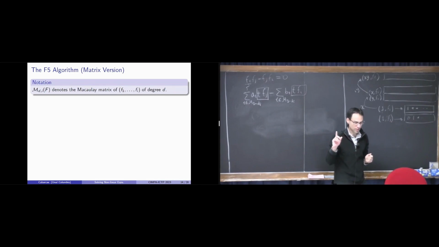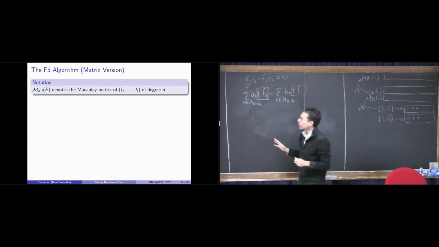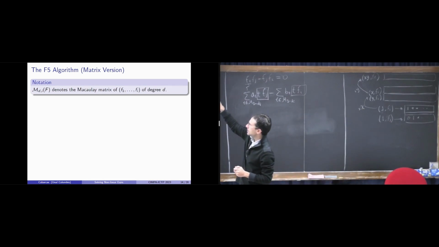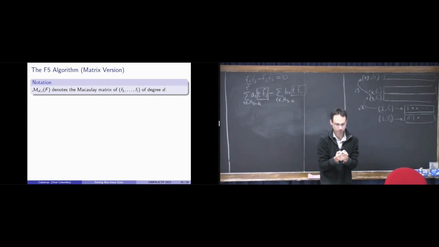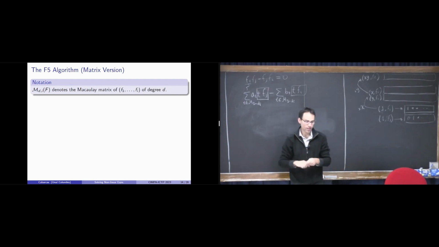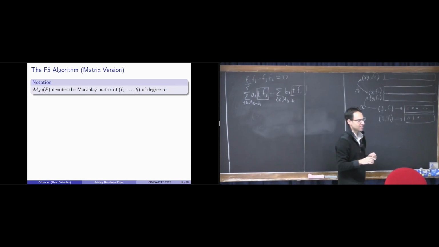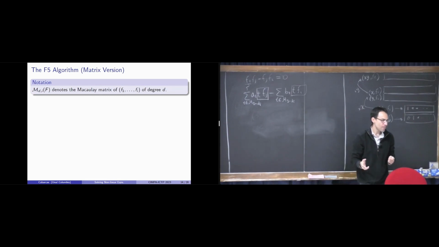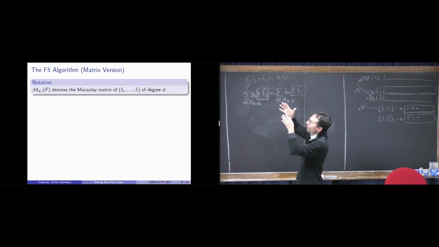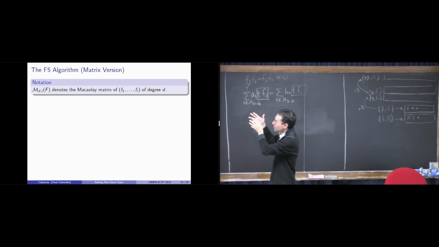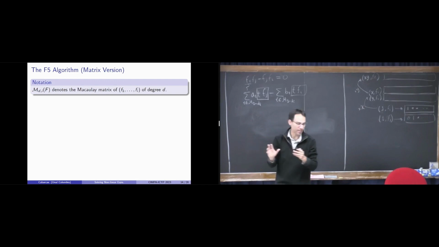So first, some notation. I'm going to call M_{d,i}(F) the Macaulay matrix on the first i polynomials of degree d. So for simplicity, let's think that the polynomials in F are homogeneous. We consider the Macaulay matrix of the polynomials up to the ith polynomial, and we do it at degree d.